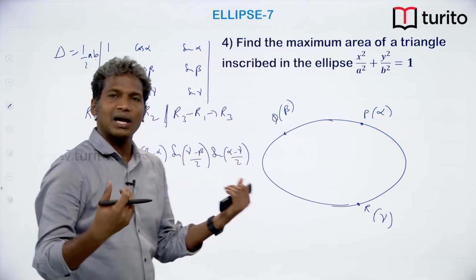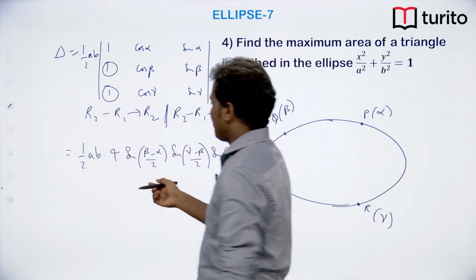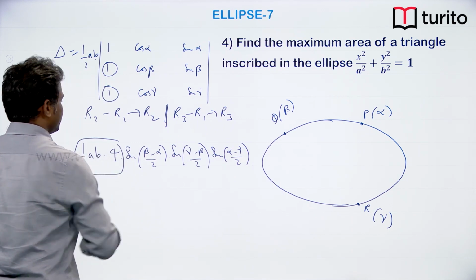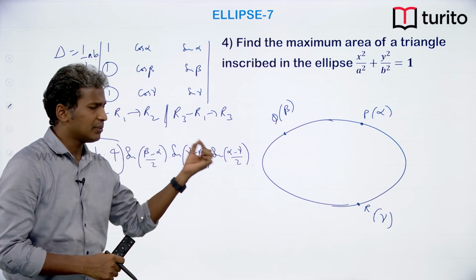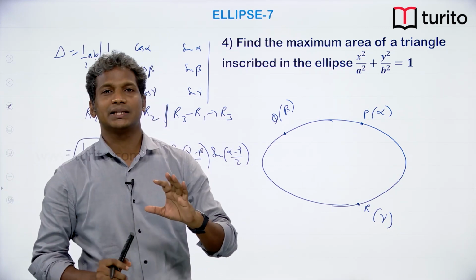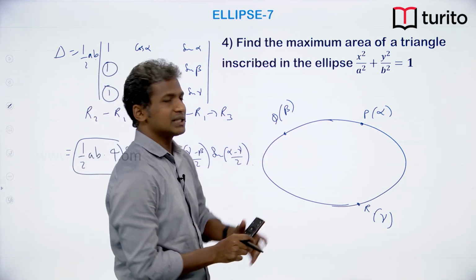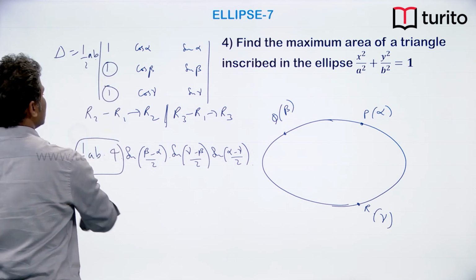You can also put angles like this, it does not matter. Now, this part is constant, but this part is variable because alpha, beta, gamma, all three of them are varying. Now, how to handle this situation? To handle this situation, imagine the eccentric angle on which we are taking these angles.